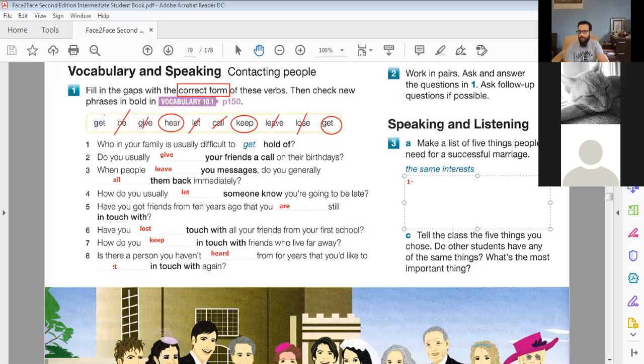Well, they tell each other everything, and maybe they don't hide secrets. Okay, not having secrets. Okay. What else do you think? Trusting each other. Trust. Okay.